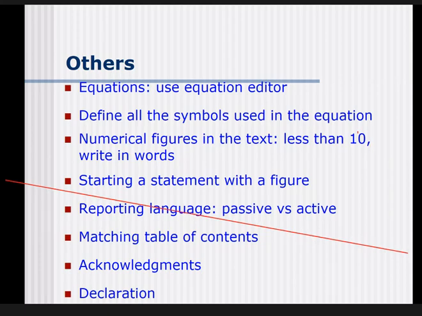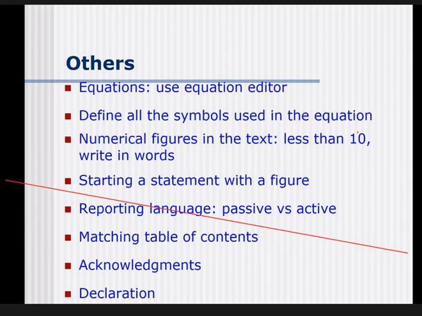Matching table of contents. You have to draw a table of contents at the beginning of the thesis, and this table of contents should match what is in the body. Then you add acknowledgements. Here you thank people who contributed to your thesis, but don't thank those you paid for the services they rendered.